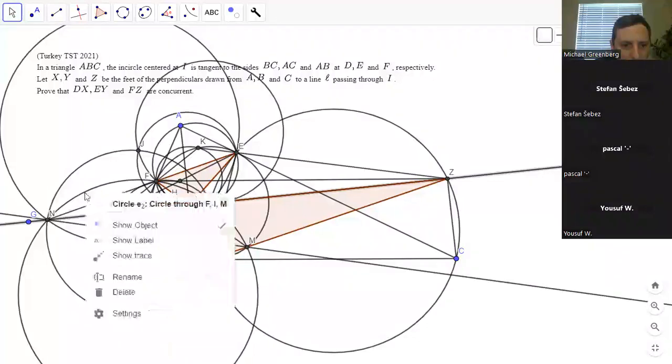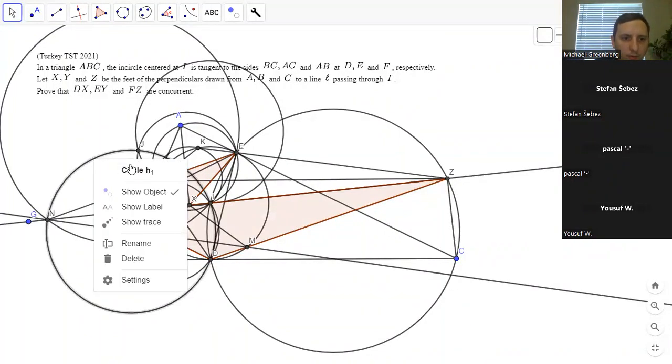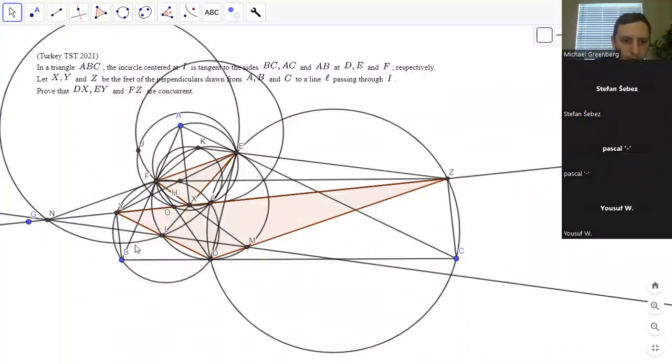So I could hide some of the circles. Once we know that, then we just apply Desargues. So I don't even know if we need inversion then. Trying to see.